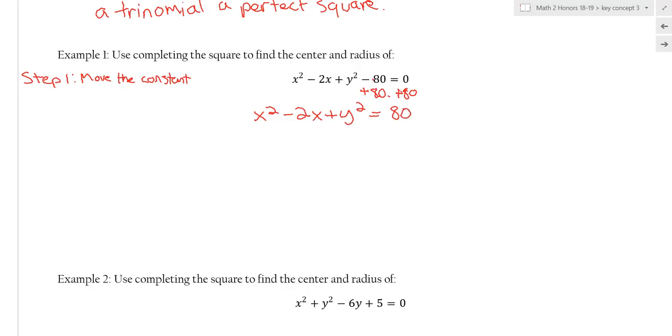The next thing I want to do is group my x's and y's.